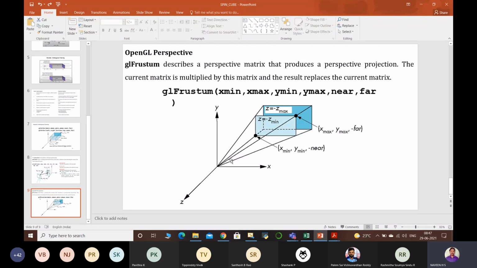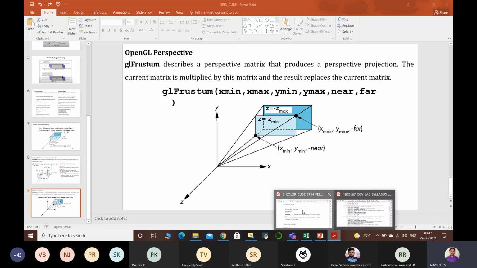That's why it is nearer when you are observing from here. So this will be the near value and this will be the far value. So that's why minus near, minus far, and obviously x min, y min, and x max, y max values we are going to consider. So this is how you are going to pass the values for this glFrustum function. So this is about glFrustum, and we'll go back to the program.